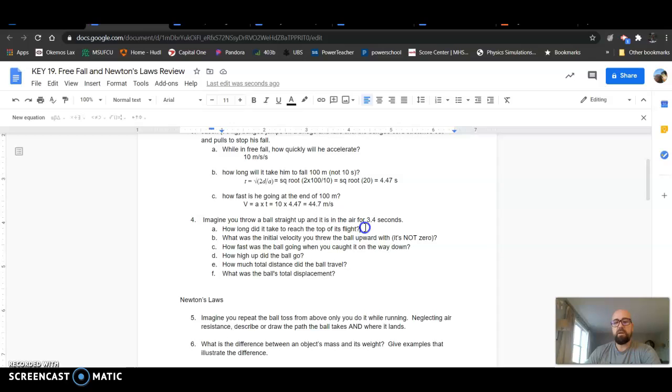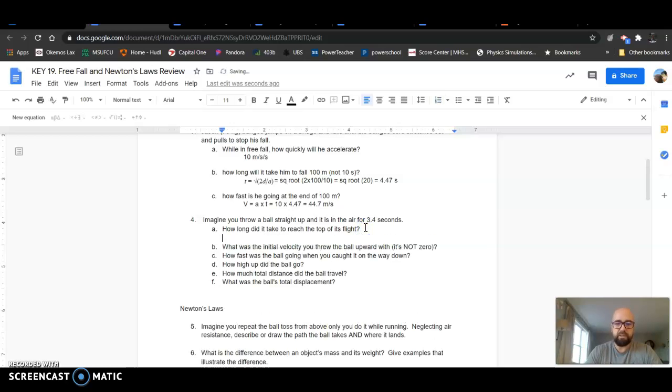So now we have the ball toss. So we throw a ball, it's in the air for 3.4 seconds. So the time to go up is going to be 1/2 of the total time. So this is going to be half of 3.4, which is 1.7 seconds. What was the initial velocity if we threw it up?